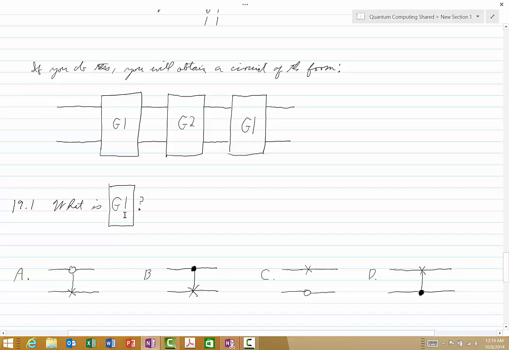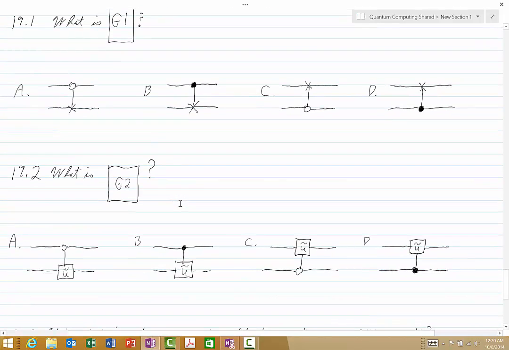19.1, what is G1? Here are your choices: A, B, C, and D. Oh, and I should have that for C. Okay? So what is G1? 19.2, what is G2? In each case, the boxed term is U tilde. So which one of these is correct for 19.2?